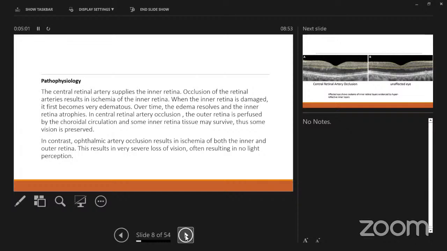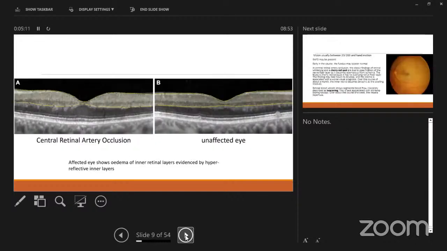That is why there is never no PL in CRAO. In contrast, ophthalmic artery occlusion results in ischemia of both the inner as well as outer retina, resulting in generally no light perception. Now, in OCT, we can see that in central retinal artery occlusion, the area marked in yellow signifies the inner retina, and the inner retina becomes edematous, as evidenced by hyperreflectivity of the inner layers.